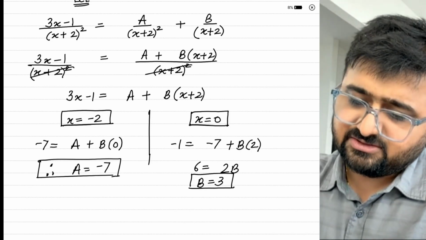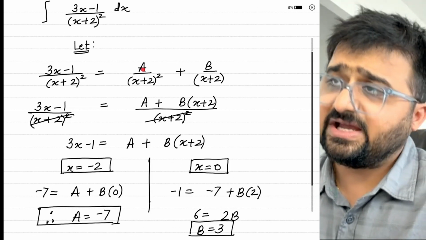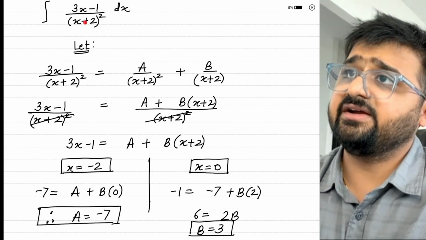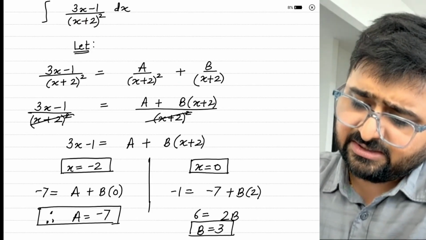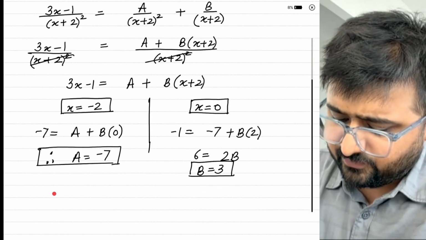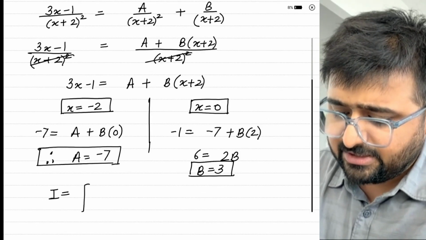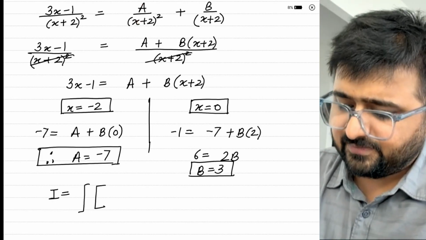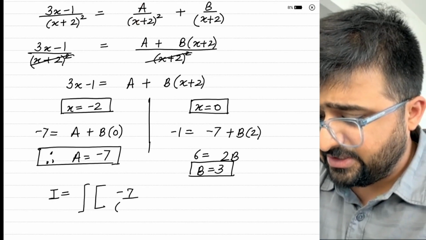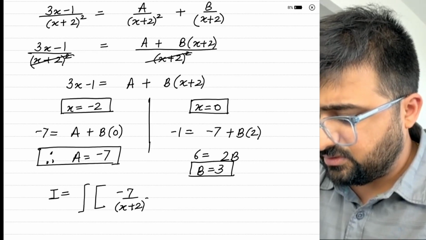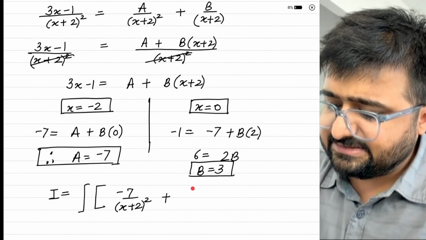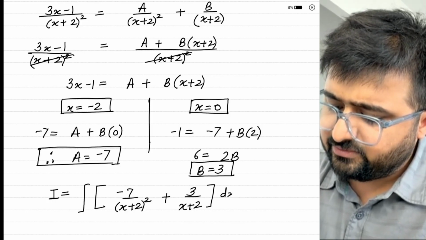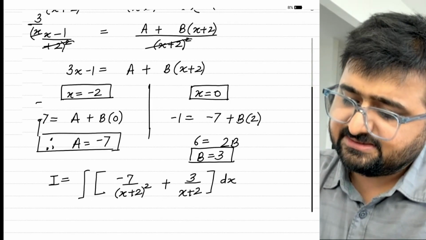Now once you have found the values of a and b, we can substitute those values here, and eventually substitute that whole thing in the integral. So our integral I will become the integral of minus 7 divided by (x plus 2) the whole square plus 3 divided by (x plus 2) with respect to x. Now this is so easy to integrate.